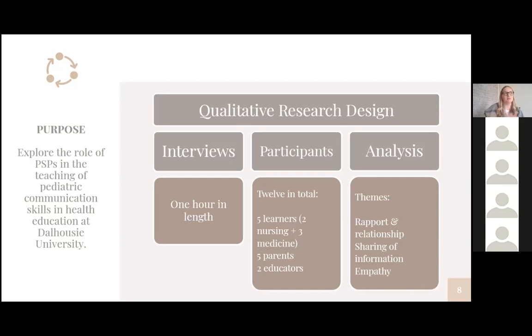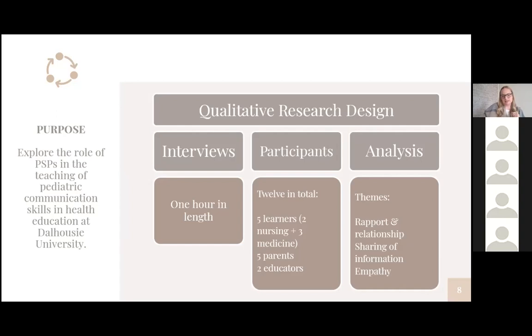So again, my role as the researcher in this was a bit as a participant or observer as participant, just because I had those experiences where I've observed the programming over the years and the learners over the years. So I used that as a bit of my own bias in the research and had to acknowledge that throughout the interviews.